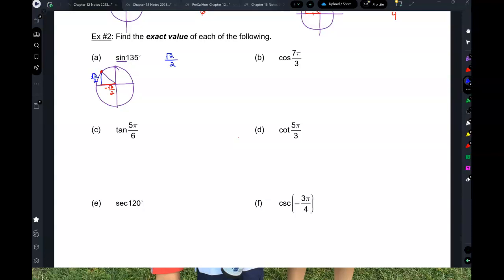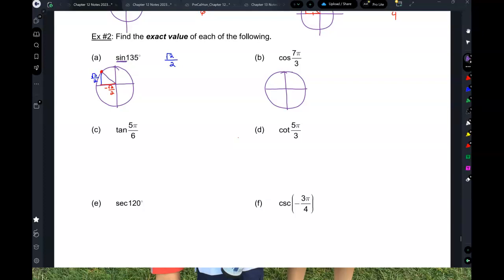Okay, now let's do another one. That's it. We're done. Okay, it's the y value. That's all. Okay, so now let's do 7 pi over 3. Now, this is a pi over 3. The pi over 3, we should all know by now, corresponds to the bigger angle, the 60 degrees.